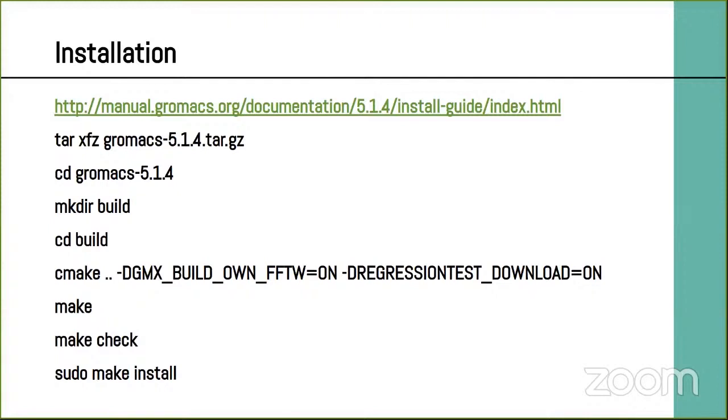Once you have downloaded and extracted it, go into the GROMACS directory with cd and create a directory with mkdir, which is nothing but make directory. I'm going to create one folder called build. I have to go inside that folder, so I typed cd build. Once you go inside build, I have to run this command.